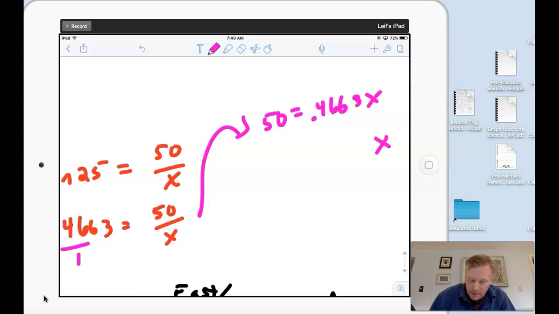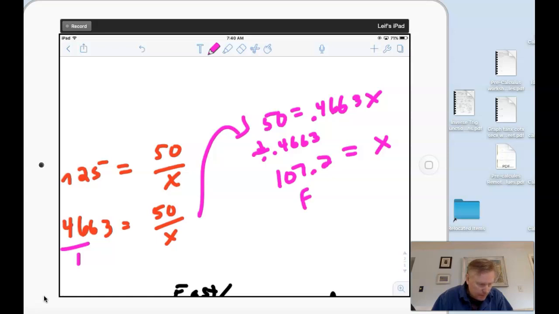Then I divide both sides by 0.4663, and I'll get my answer: 107.2. And I believe that was feet.